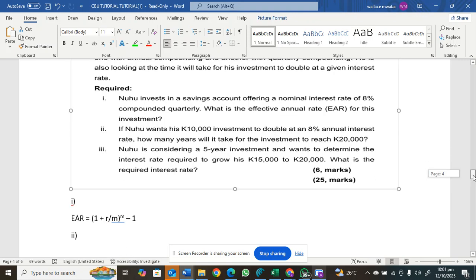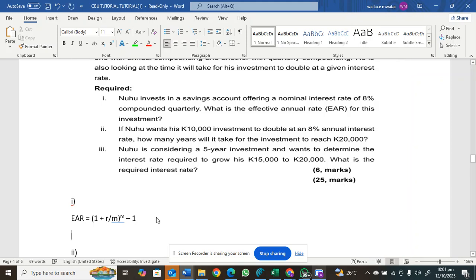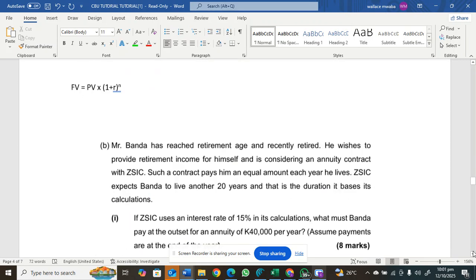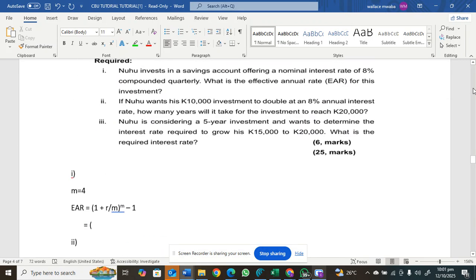Okay, so this is the formula. EAR equals 1 plus r over m, where m represents the number of compounding periods. Since it's compounded quarterly, m equals 4, therefore 4 quarters in a year.